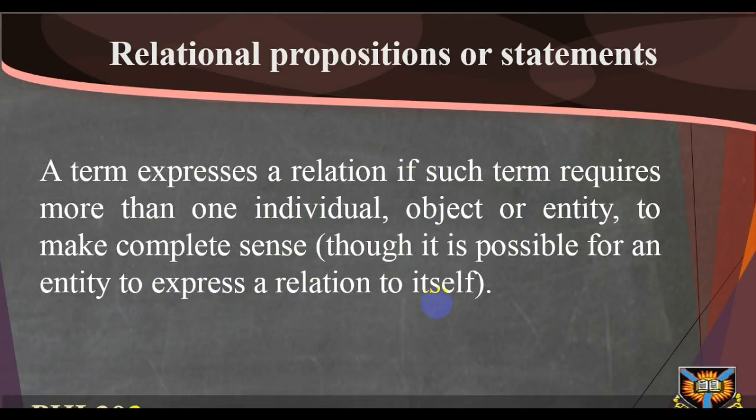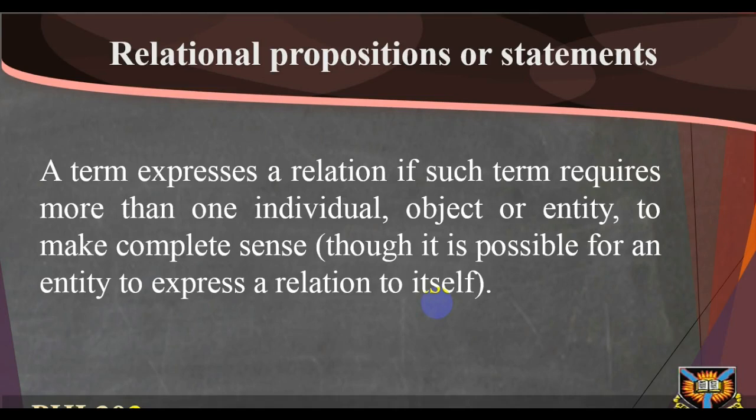The following are examples of words and phrases that express relations: father, brother, cousin, sister, married to, lover of, enemy, teacher, equal to, has the same weight as, bigger than, is the mate of, and richer than.